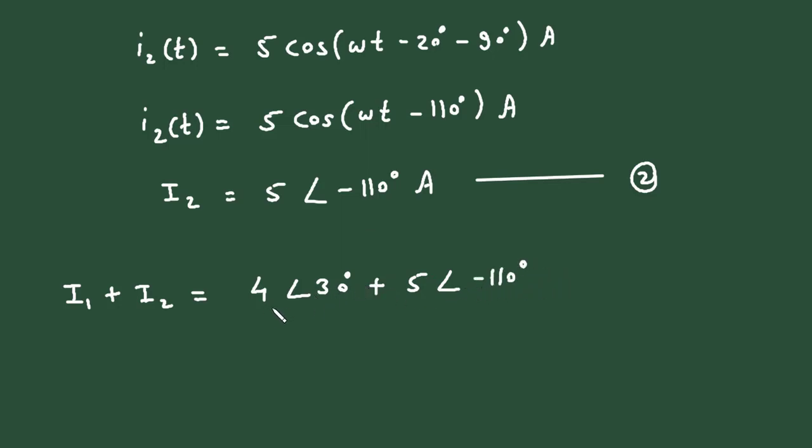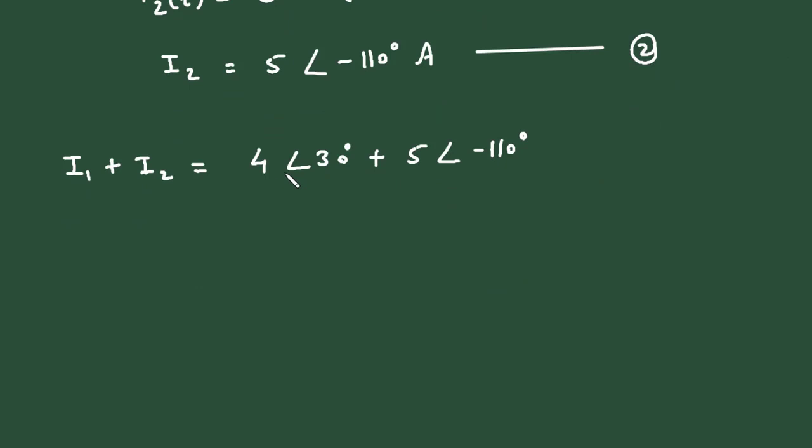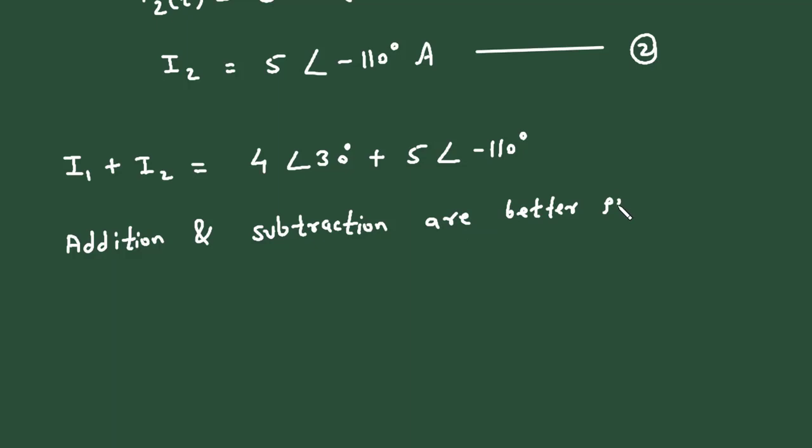Now this is given in polar form, also this is given in polar form, and we know that here we have to do addition, and we know that addition and subtraction are better performed in rectangular form.